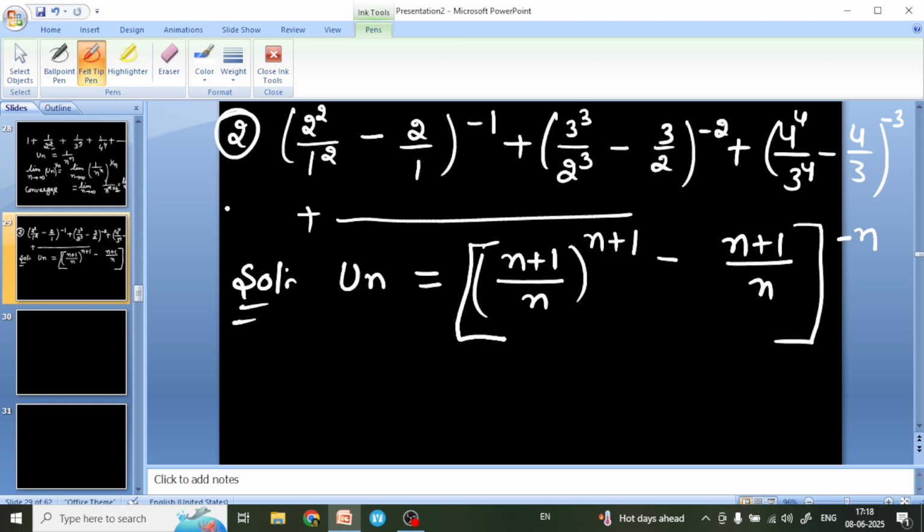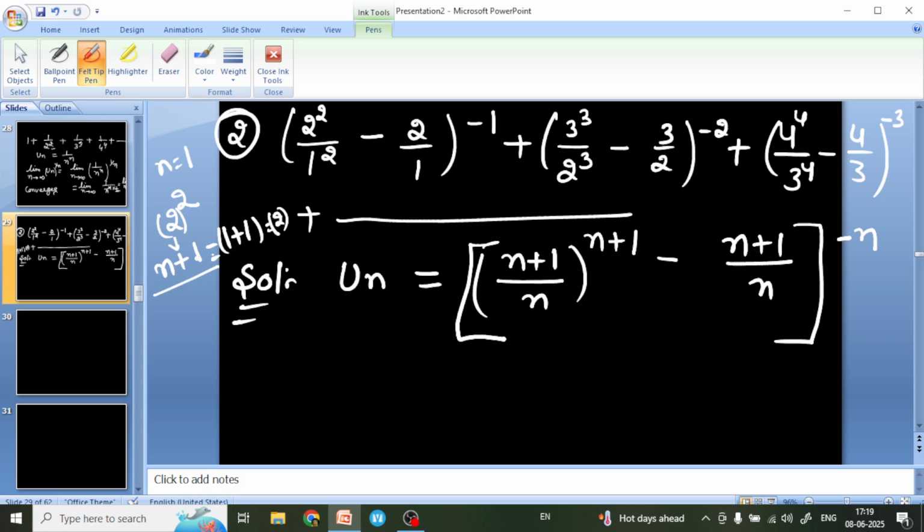Here 2 raised to power 2 means n plus 1, and here 2 means n is equal to 1, and 1 plus 1 is equal to 2.